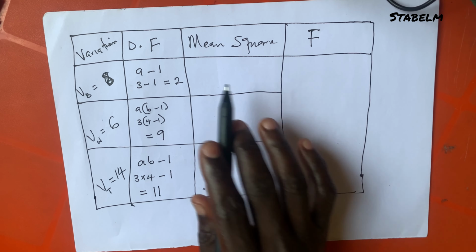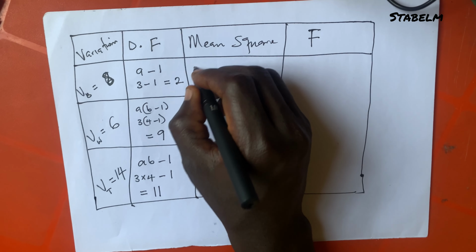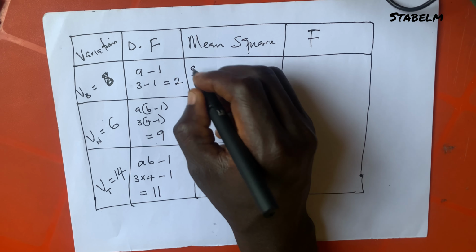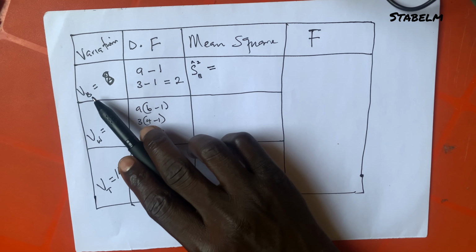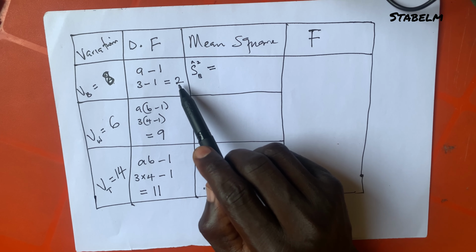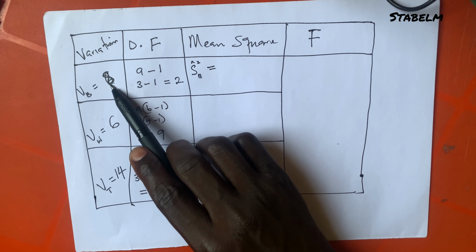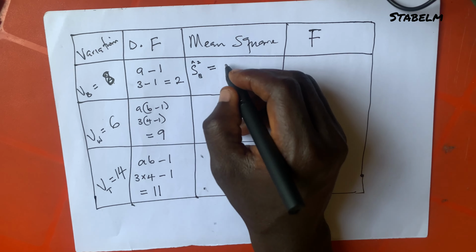All right, mean square. Mean square for variation between will be equals to variation between divided by the respective degree of freedom. That is 8 divided by 2. So if you do this, we have 8 divided by 2. This will give us 4.